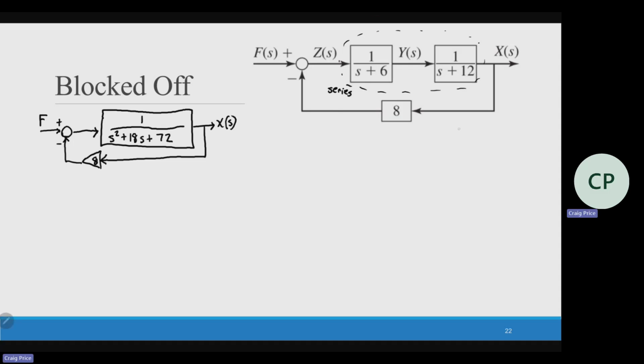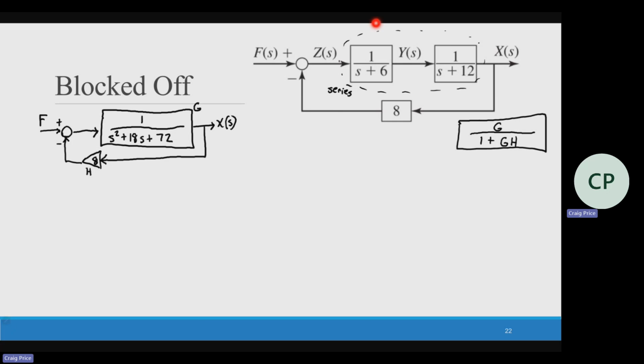So for example, I think the total transfer function would be, if I call this G and I call this H, G over 1 plus G times H. I think that's what's going to happen.